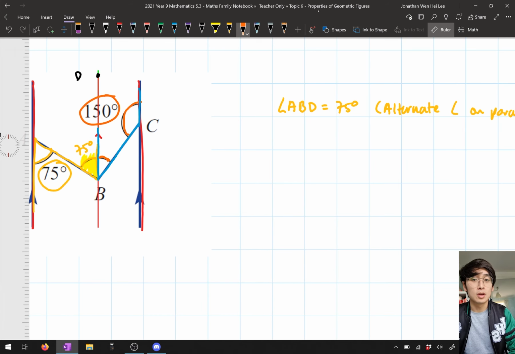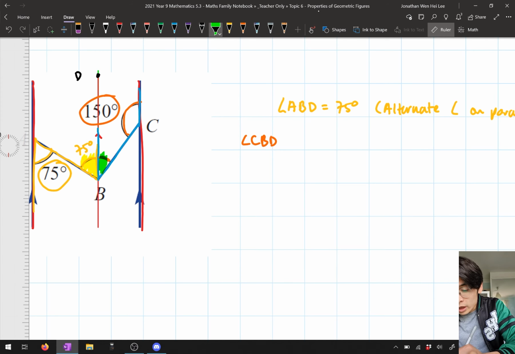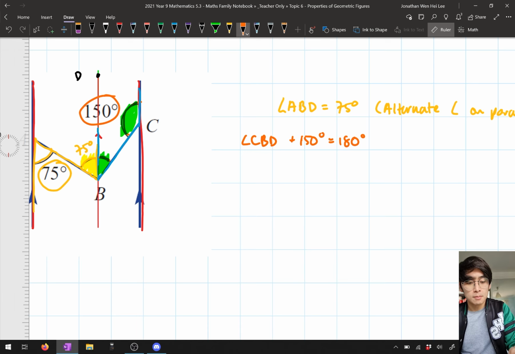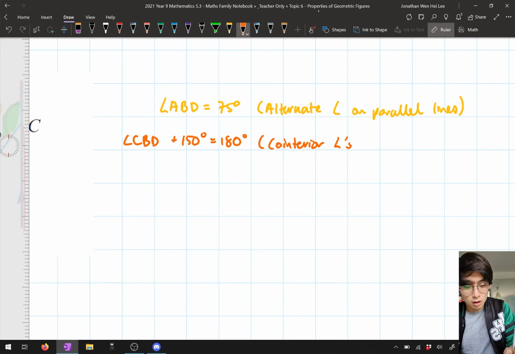Now what we said with those angles which are co-interior is that they add up to 180. So what I'm going to do here is write angle CBD, which is that angle there over here. When I add that with 150 degrees, that's going to equal 180 degrees because they are co-interior angles on parallel lines.